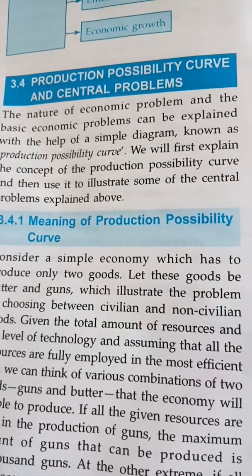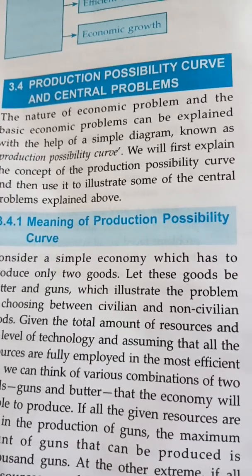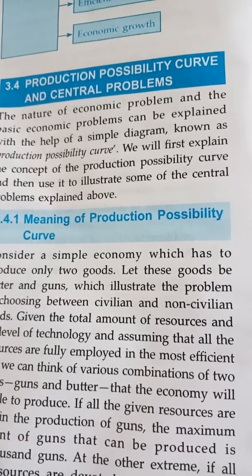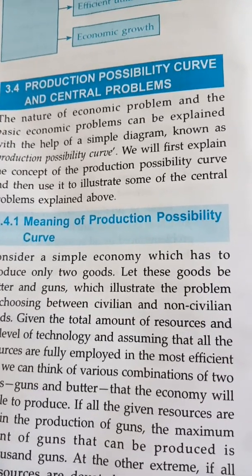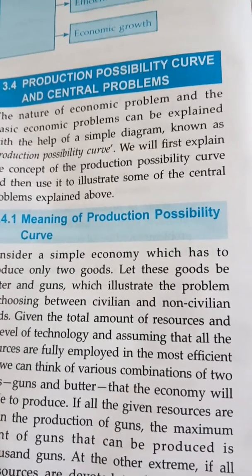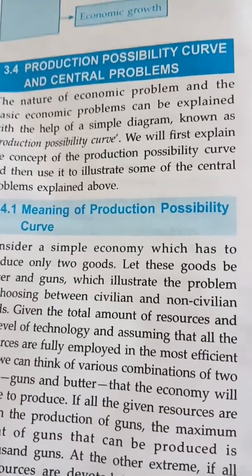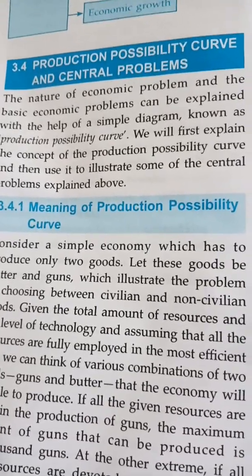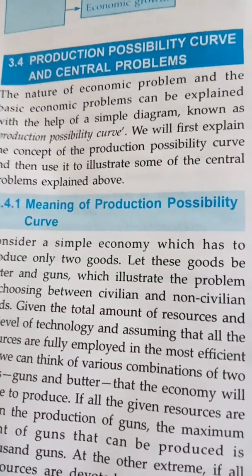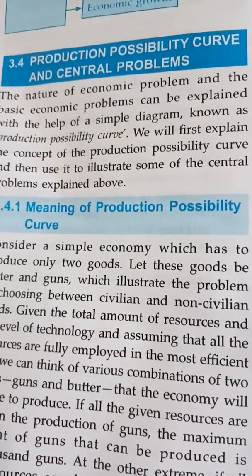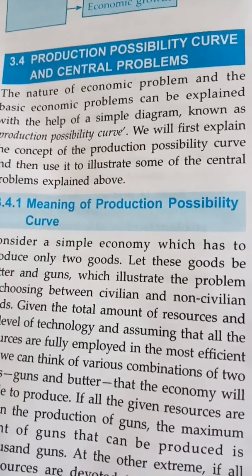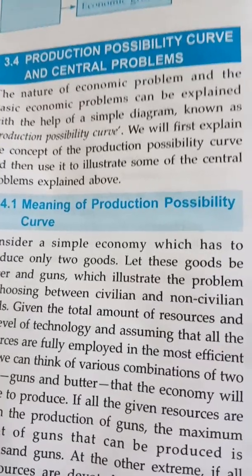If we simplify the meaning, the production possibility curve is the locus, the path traced out by a moving point, of various points which show various combinations of two commodities that can be produced in the economy of a country with the available techniques of production and with the given amount of resources. So this is the meaning.